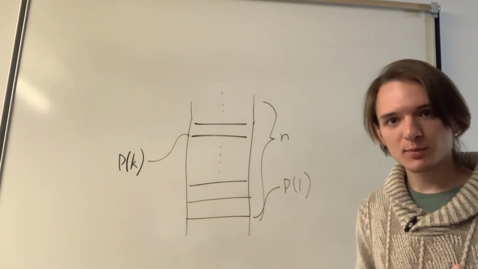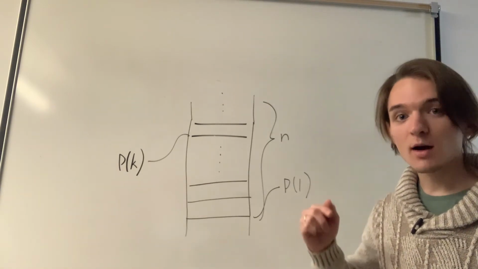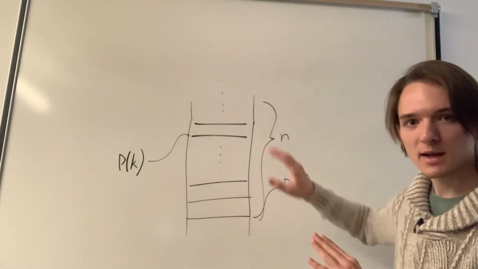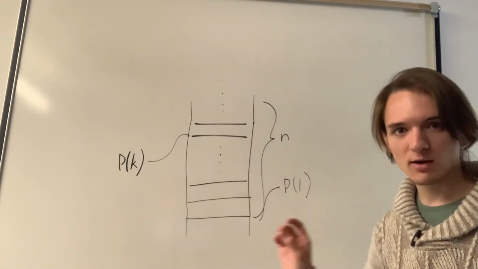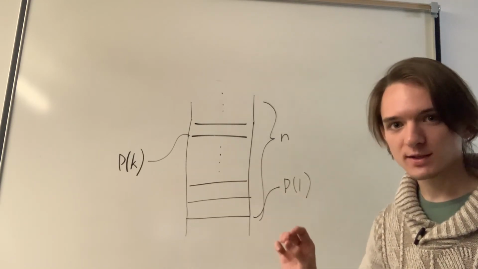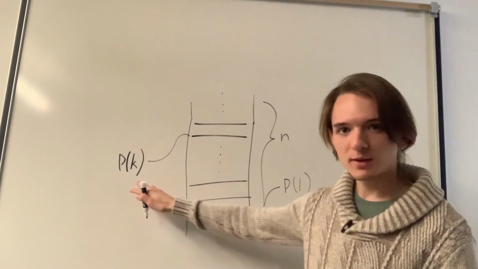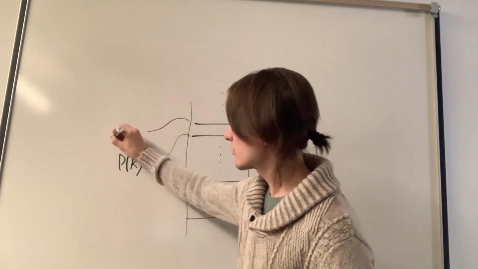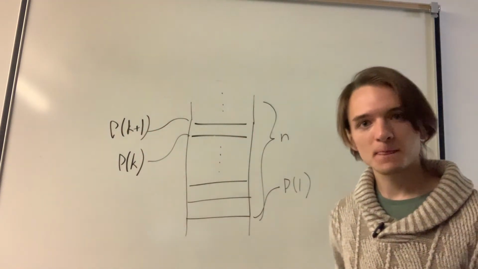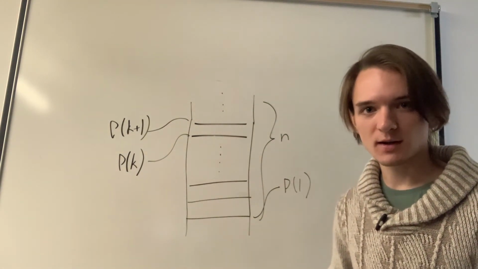Our inductive step would be to then prove that the rung above it also exists. And if we can show this, then we can pick out any rung at any point and say that's rung K. And because rung K exists, this also means the rung above it exists. And so that ladder will go on forever. So we assume P of K exists, and we want to show that P of K plus 1 also exists. And again, this would show that the ladder goes on forever, which is just a proof by induction.